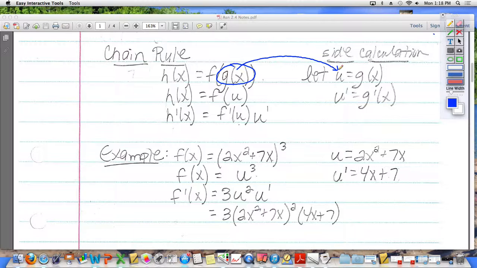And you rename f of g of x by calling it f of u. Are you okay with why I'm calling it f of u? Why am I putting a u here instead of a g of x? Because over here I said u is g of x.